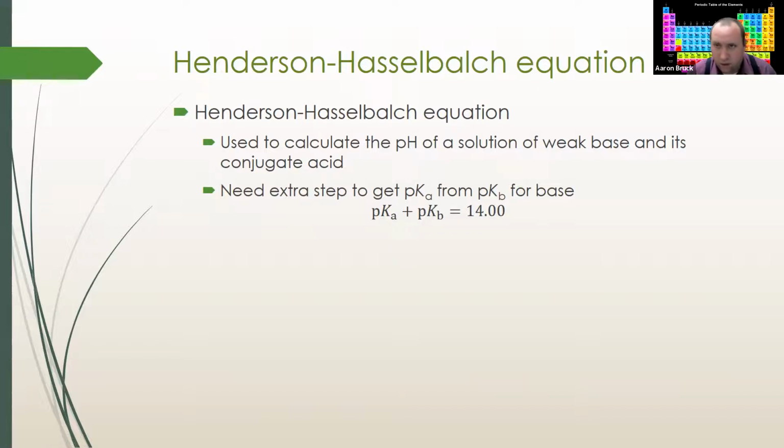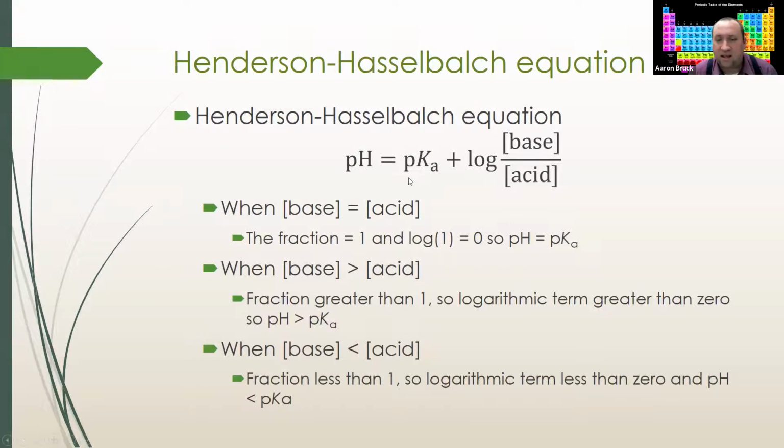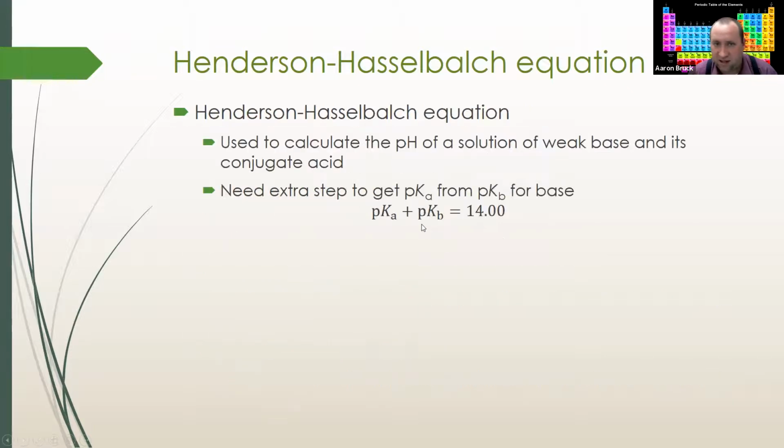Now, one important note about the Henderson-Hasselbalch equation: again, the particular equation is acid specific. So pH is equal to pKa plus the log of the base over the acid. There is another form of this equation that is particularly useful if you have a base.